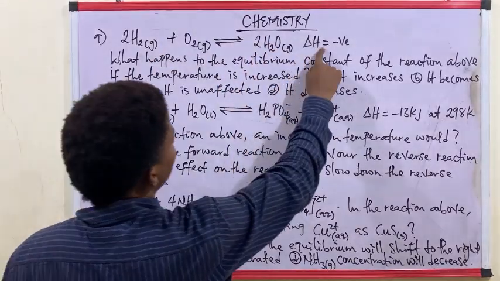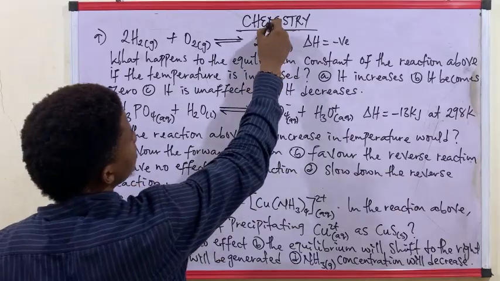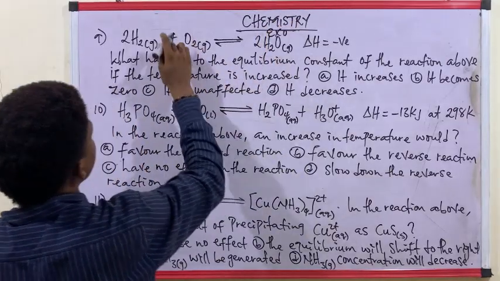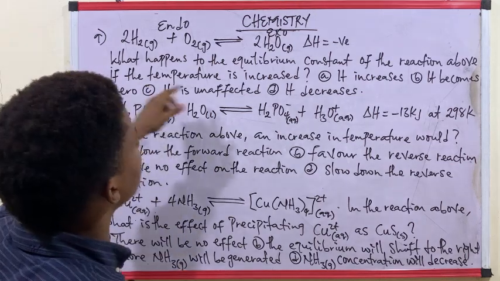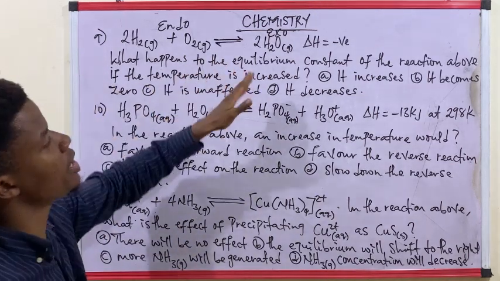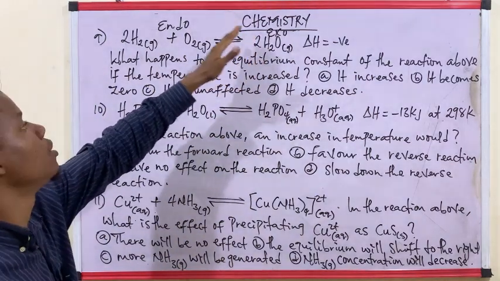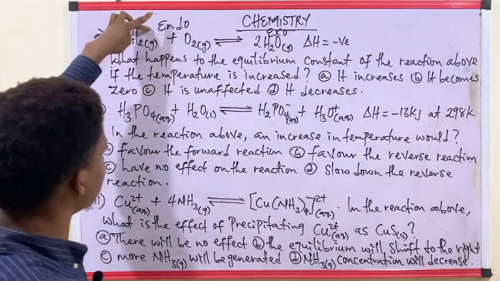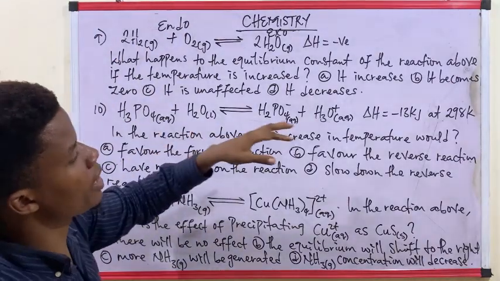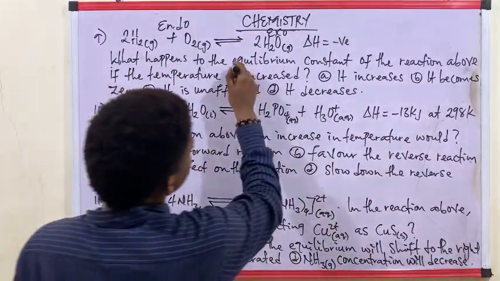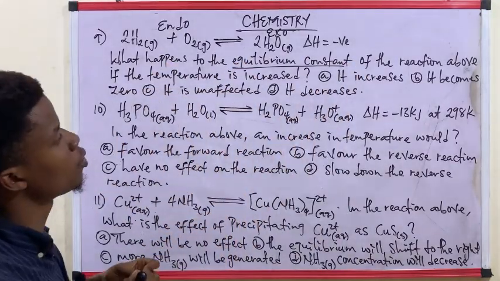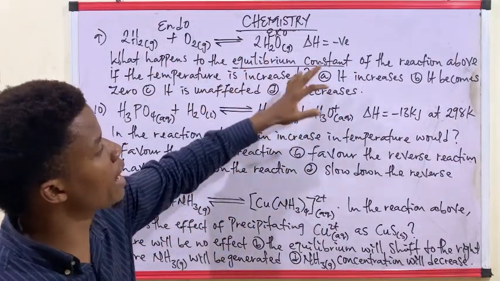Because saying delta H negative is telling us that this direction is exo and this direction is what? Endo. So if the temperature is decreased, what will happen? Obviously, the equilibrium position will shift to where? To the left. That is endo. So therefore it means that, okay, the equilibrium constant.